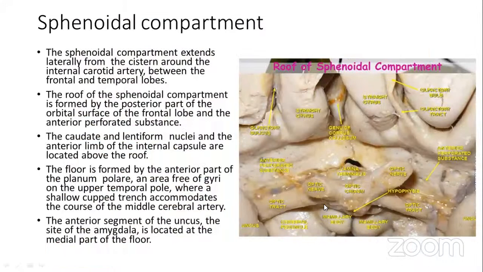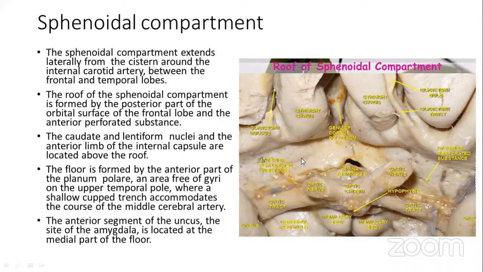So this here is the deep dissection at the level of the basal surface, in which the temporal lobe is removed. We can see the olfactory sulcus anteriorly here, the olfactory bulb that is converting into the olfactory tract, and on either side we have these straight gyri, as well as in the midline we have the genu of the corpus callosum.